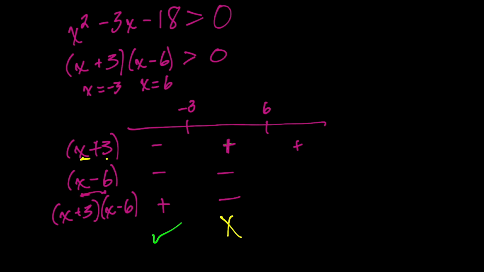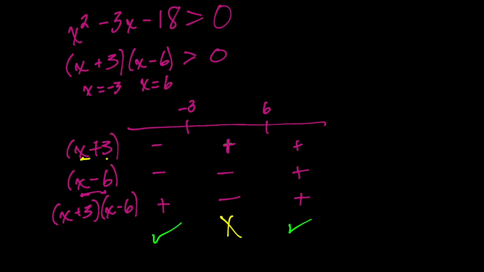That is also positive. And when we multiply this out, positive times positive yields a positive product. And that's what we were looking for, greater than 0. So that will also get a green check mark.